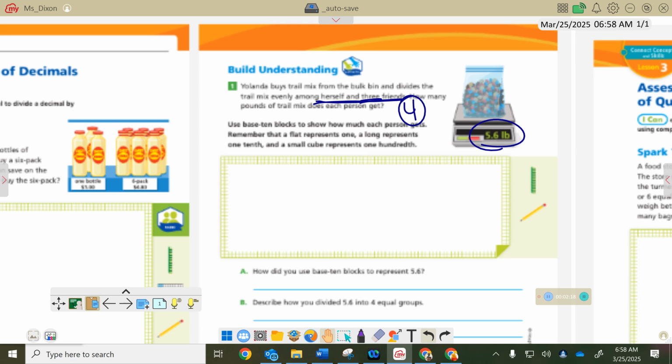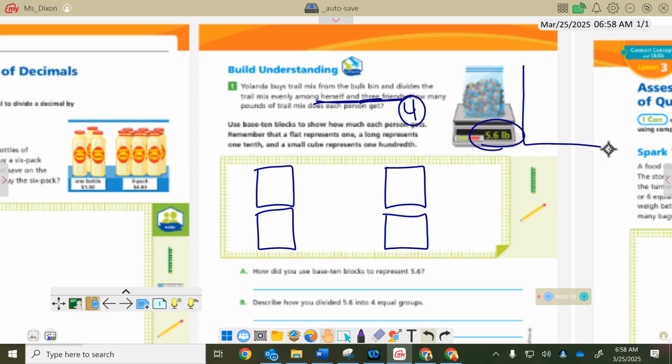So that's at least 1, 2, 3, and 4. That's at least 4. Okay? We still have 1 whole though, but we cannot evenly divide that 1 whole among her friends. So we would have to break that 1 whole into tenths.